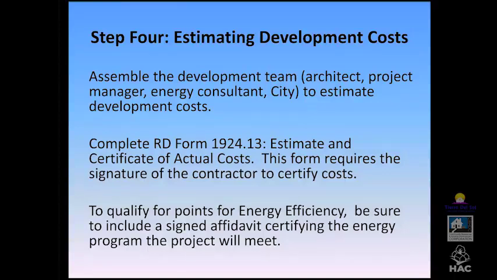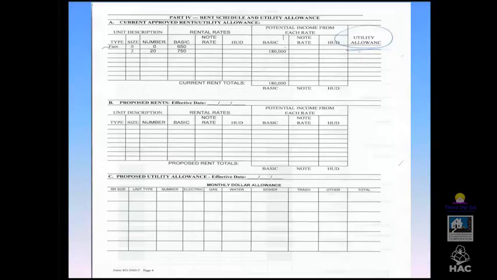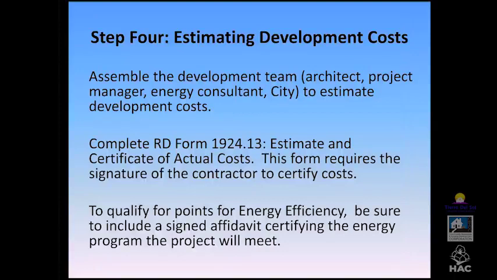The last page of the budget has your rent amounts, which comes up with your annual income, which was over on that first page, that $180,000.